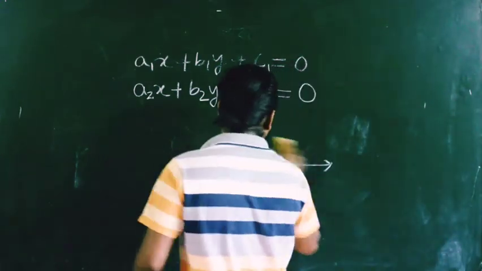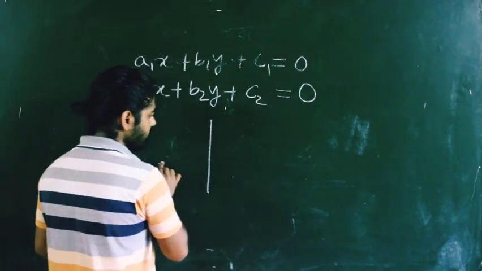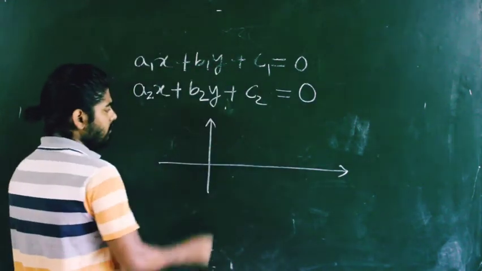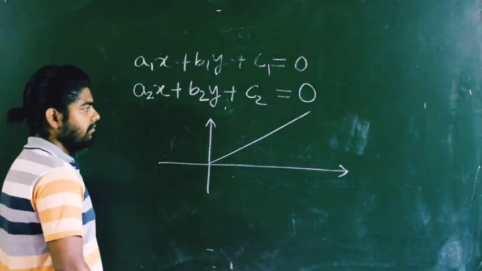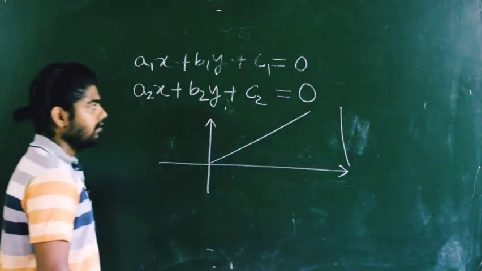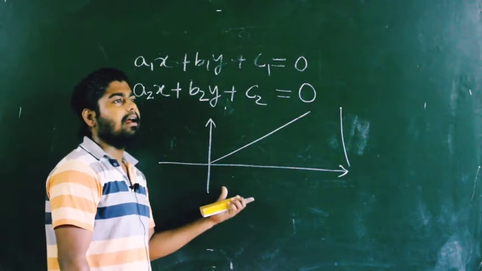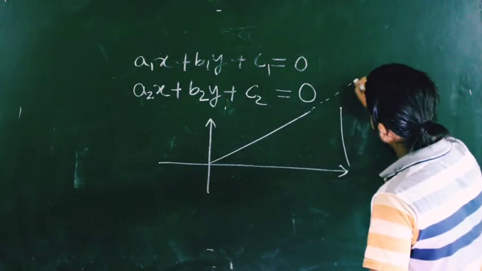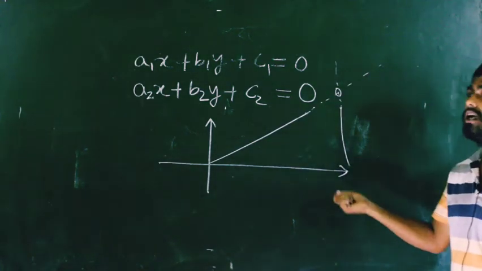To understand this more clearly, I'll give an example. Suppose this is our line and another line is there in this way. Now you may think these lines have no solution, but if you extend the line, here you will get one. So you have to check it thoroughly.